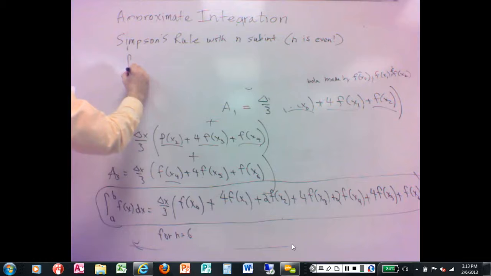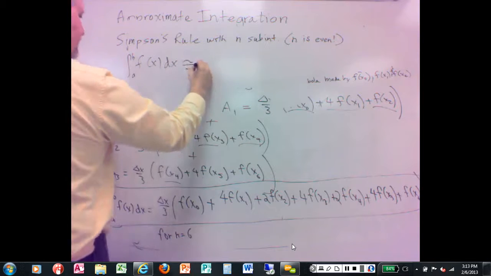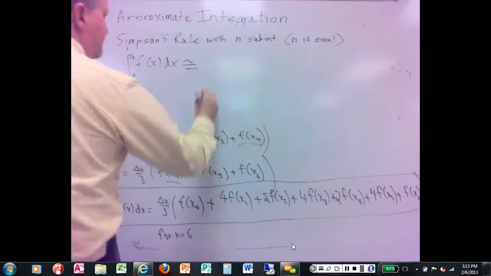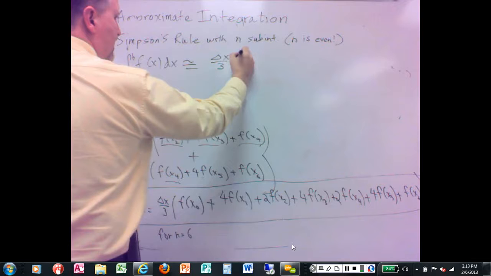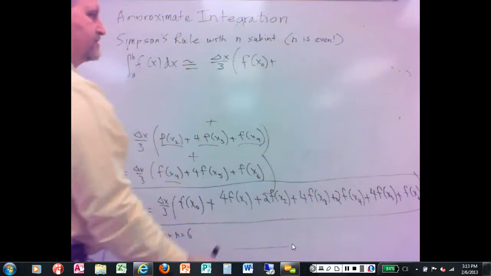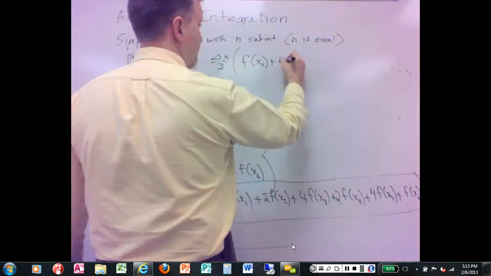The integral a to b f of x dx is approximately equal to delta x divided by 3, 1/3 rule, times f of x sub 0 plus the one after that, which is 4 times f of x sub 1. It always starts that way.